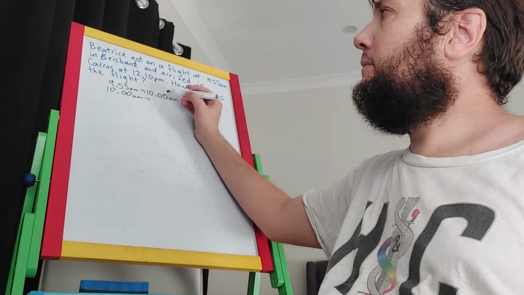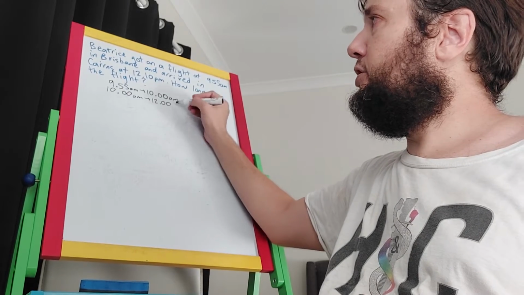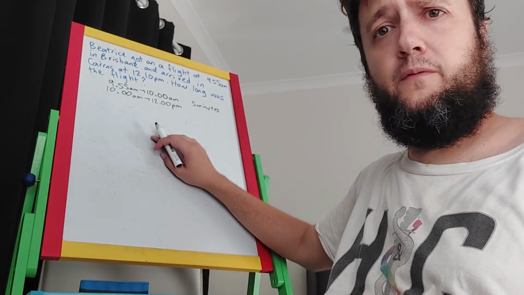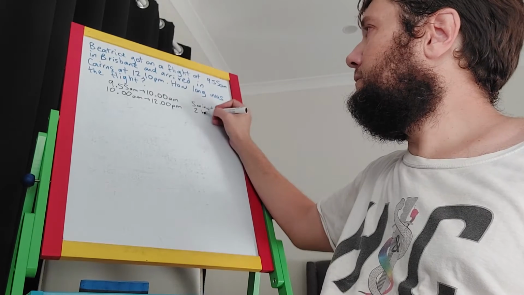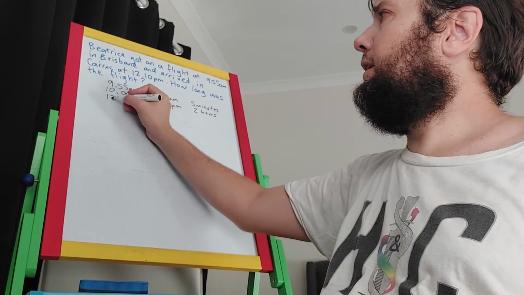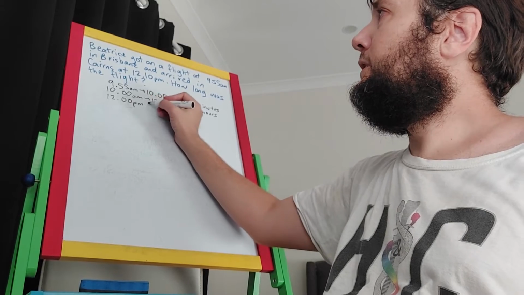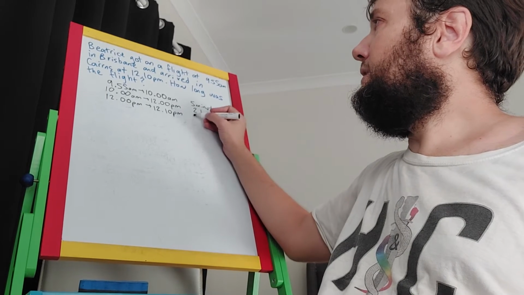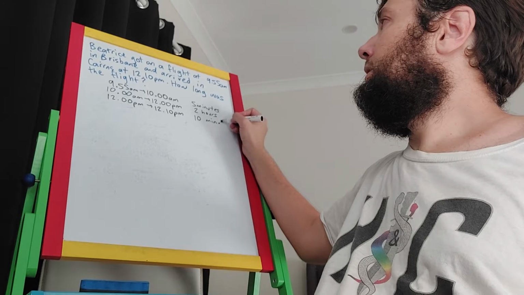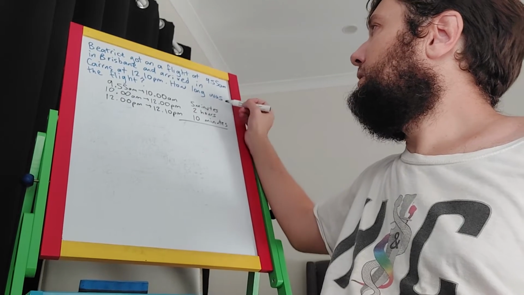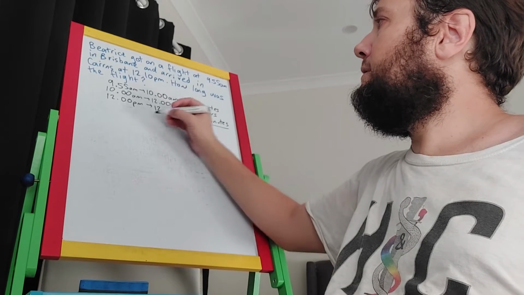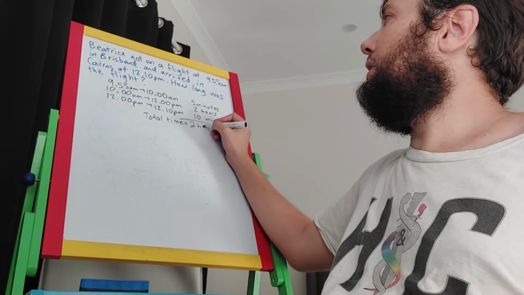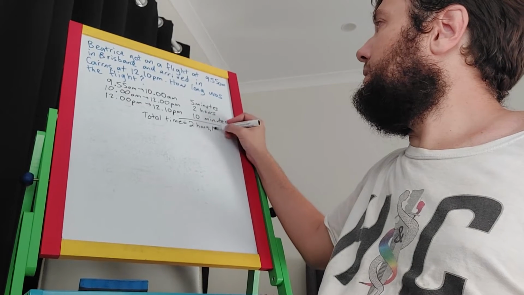So 12:10 p.m. is just after 12 noon, 12 p.m. How long is it between 10 and 12? That's 2 hours. And then if we calculated from 12 o'clock to 12:10, how much time is that? It's another 10 minutes. And if you add that all together, there's 5 minutes, there's 2 hours, and there's 10 minutes. You could say the total time, in this case, is 2 hours and 15 minutes.